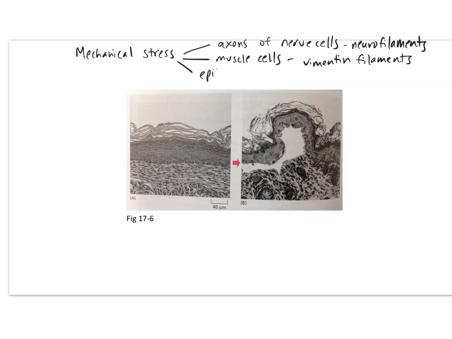Finally, in epithelial cells, there are a variety of different types of keratin filaments. All three of these sorts of intermediate filaments are found in the cytoplasm.